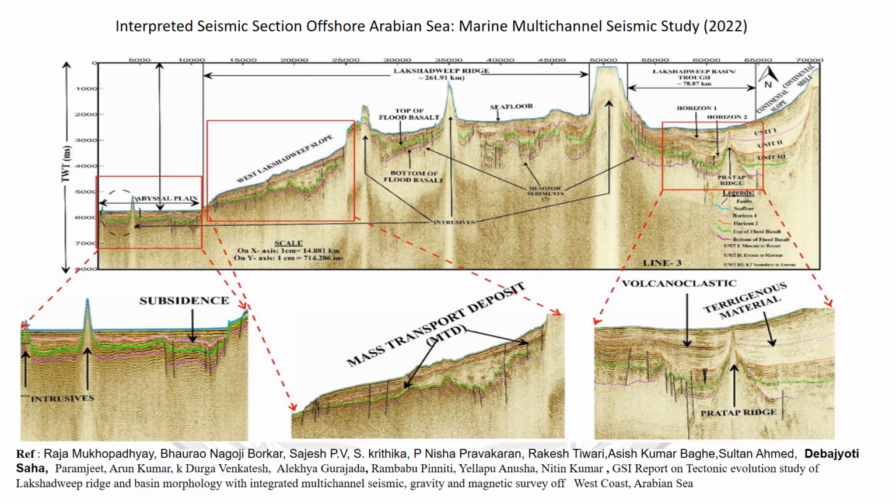When we talk about the interpreted section compared to the uninterpreted section, you can interpret it in this way. So along the western part, that is the abyssal plain. So this is the deepest plain. So in the west coast, the depth generally increases to the western part, and when you go to the eastern part, that is the West Lakshadweep slope, there is a flood basalt where the seismic wave velocity is much higher, a basaltic portion.